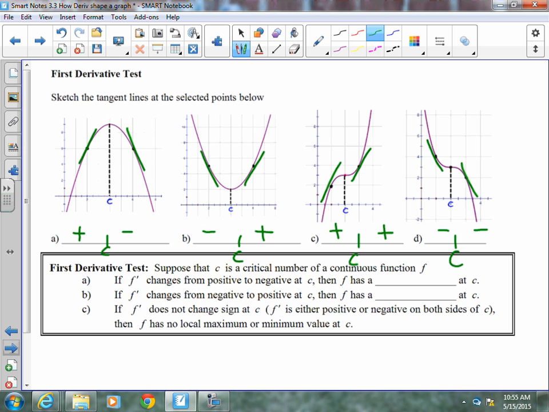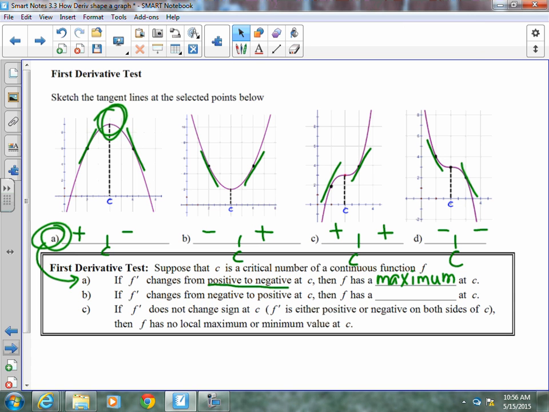So, suppose that C is a critical number of a continuous function. If f prime changes from positive to negative, like it does at A, if f prime changes from positive to negative at C, then f has a, what is this? Well, it's a maximum when your first derivative changes from positive to negative.